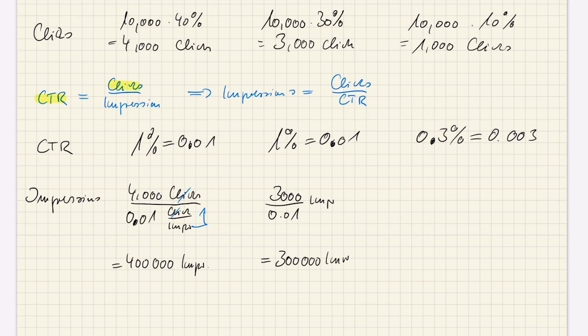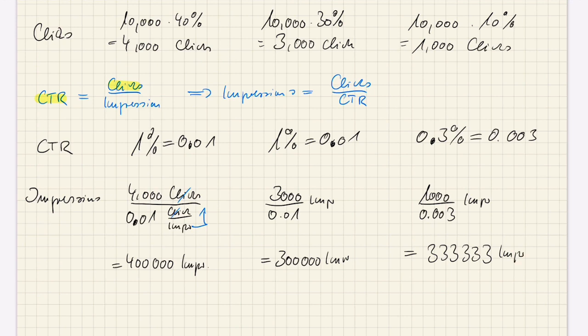And finally we do have our 1,000 clicks in here, and we divide it by 0.003 impressions, and that's equal to 333,333 impressions.